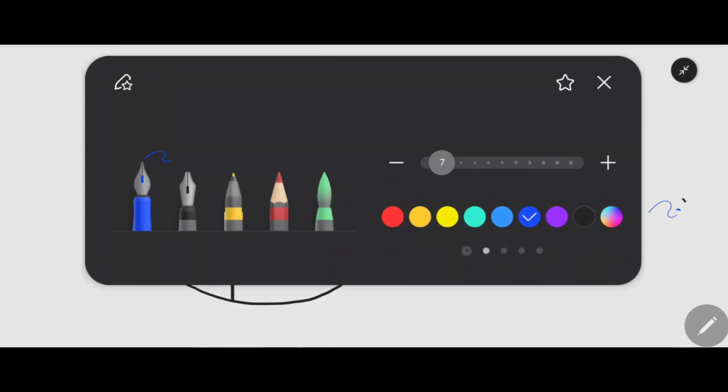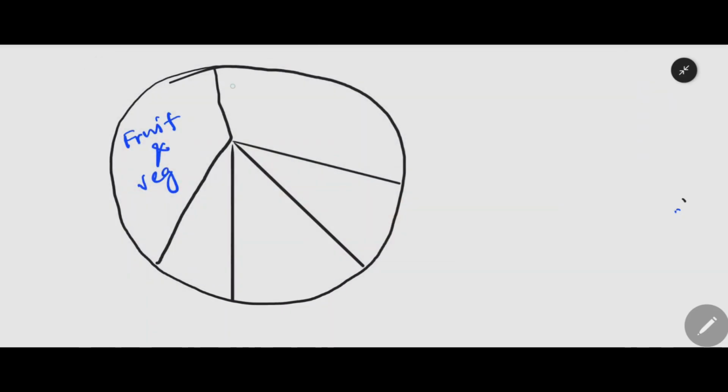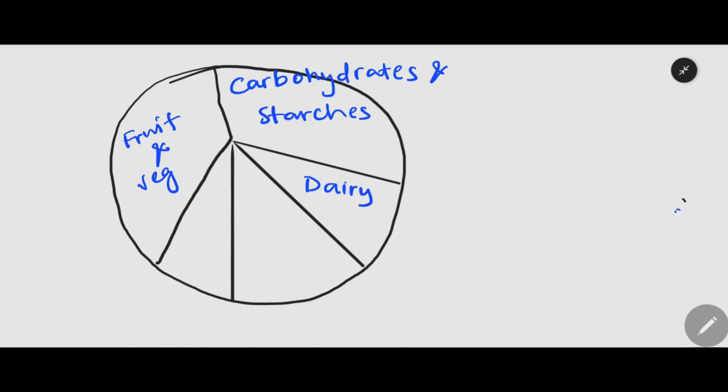Okay, so that's fruit and veg, and then this would be carbohydrates and starches. This would be dairy. This would be protein, and this would be sugars and fats.